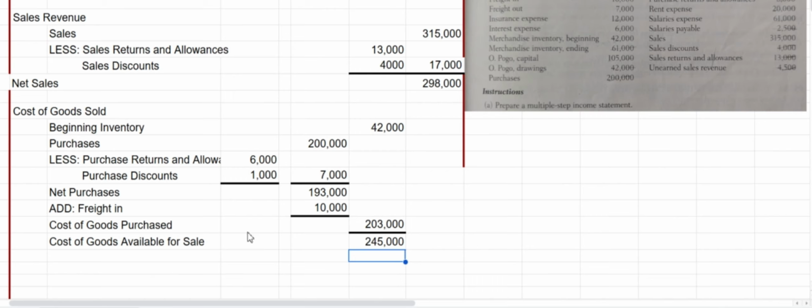Which is 245,000. Now the next thing we want to do is state the ending inventory.